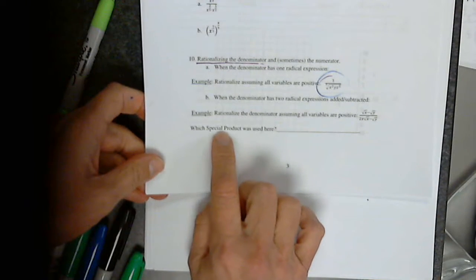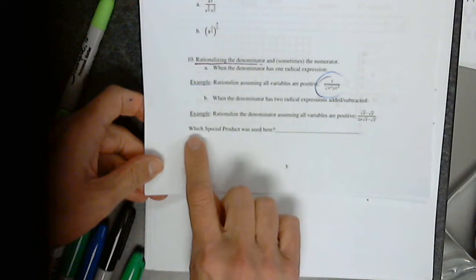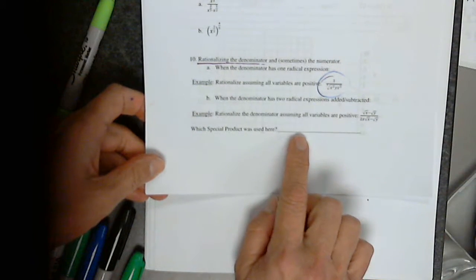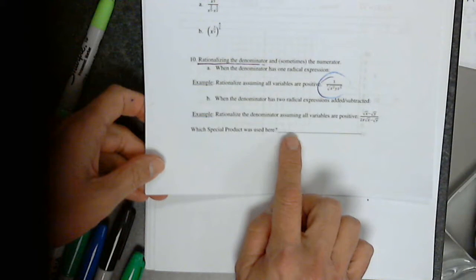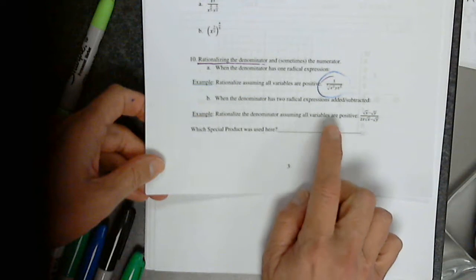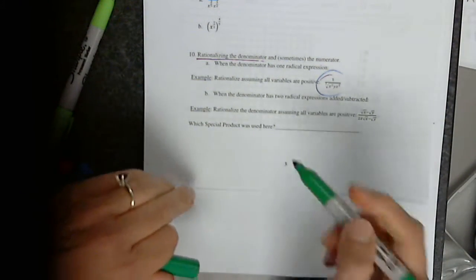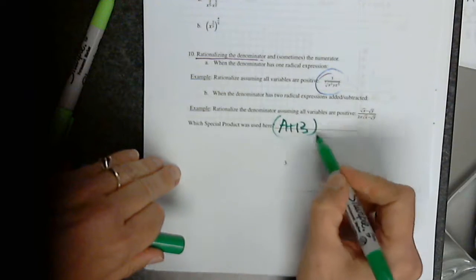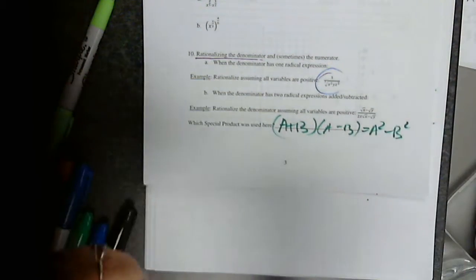So I would like you to fill it in here for us, for everyone. Which special product was used here? And we're going to look at this example. Which special product was used here? The a plus b, a quantity, multiplied by a minus b, so right here at the end, a plus b times a minus b, which is a squared minus b squared.